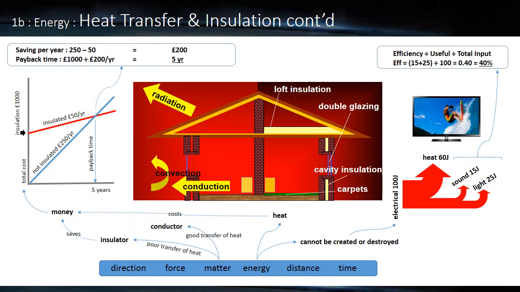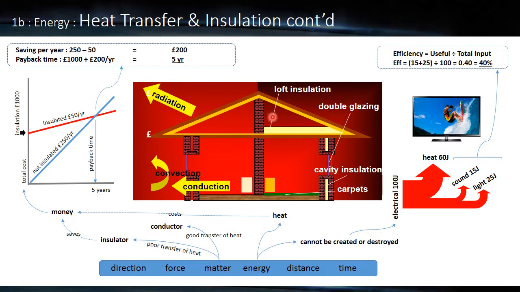The next slide illustrates an application of these ideas, really. So we've got 2 houses here. We've got the house on the left that's not very well insulated, and the house on the right that's very well insulated. So it's got things like carpets, cavity wall insulation, double glazing and loft insulation there, a lot of which rely on trapped air, which we mentioned earlier, which as I said the examiners are very keen on.